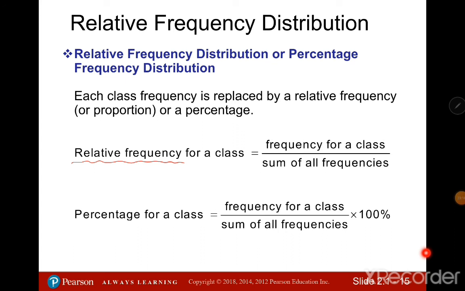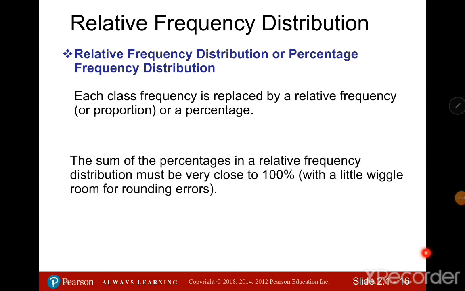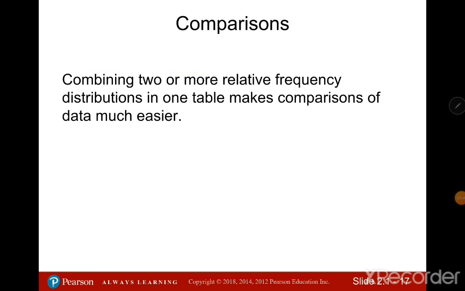But for the second column, for each class, we take the frequency for that class and divide it by the sum of all frequencies. After that, we can get a percentage. Okay. It's just a transform.